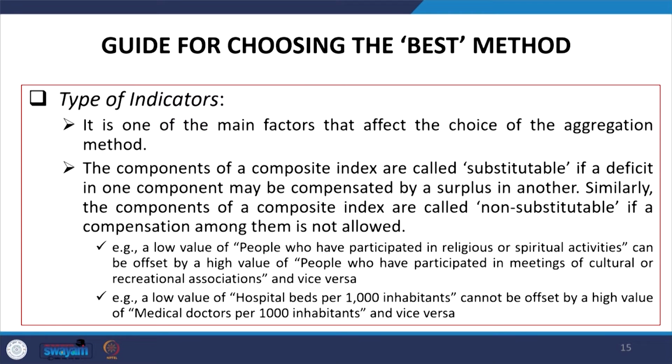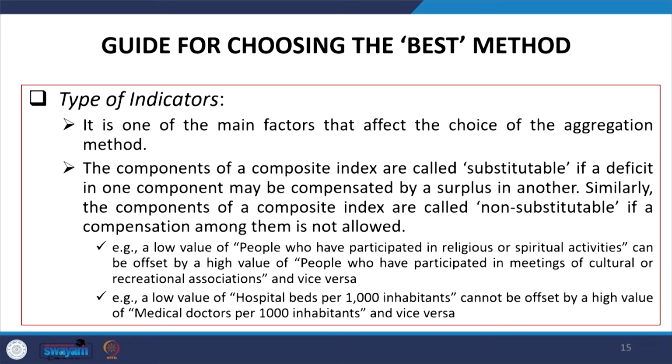First of all, the type of indicators is one of the main factors that affect the choice of the aggregation method. The components of a composite index are called substitutable if a deficit in one component may be compensated by a surplus in another. Similarly, they are called non-substitutable if compensation among them is not allowed.